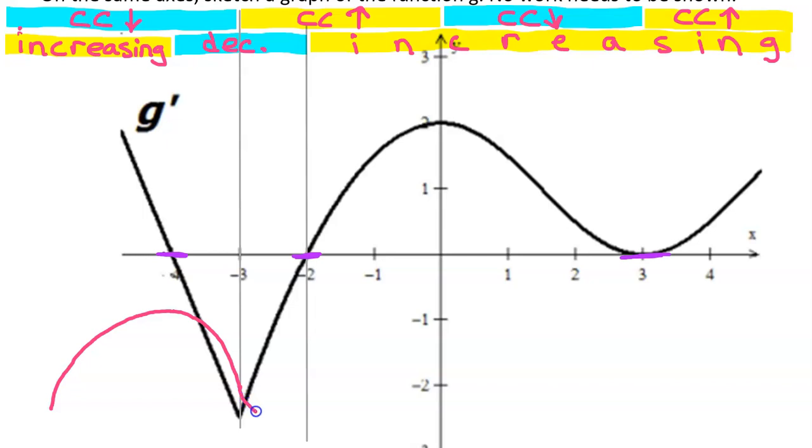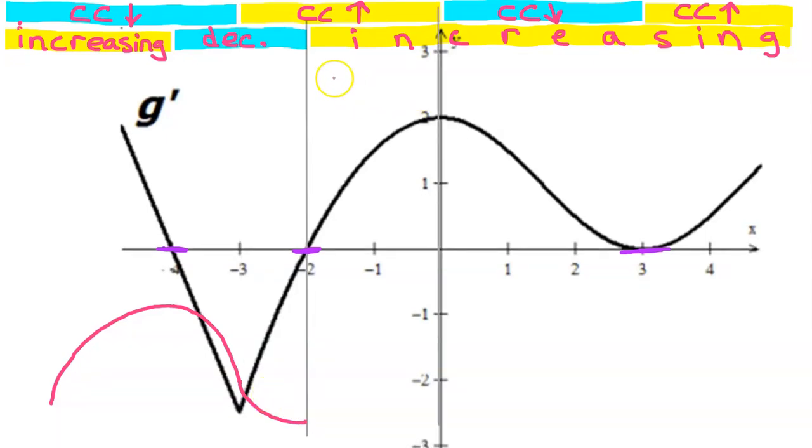For the next interval, function g should be increasing, concave up, and it does not end at a horizontal tangent line. So here I go. Increasing, concave up, no need for a horizontal tangent line.